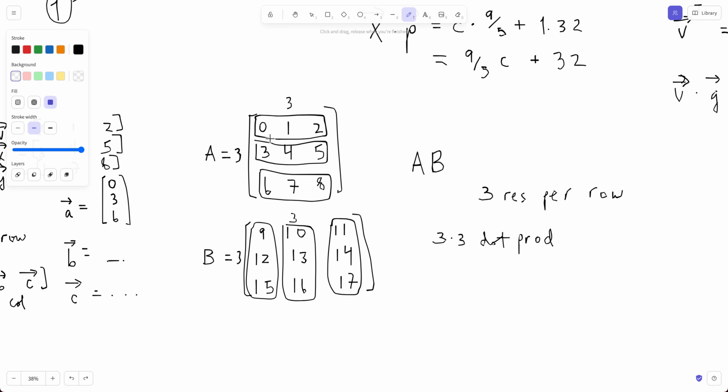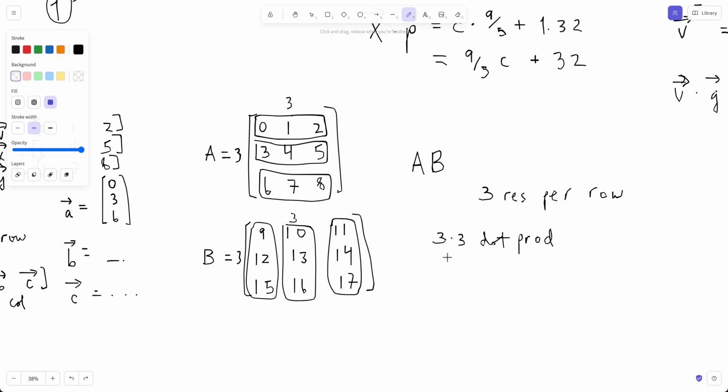And for every single dot product, how many multiplications are there? There would be the length of this vector, that would be how many multiplications we have to do. In this case, the number of elements in the vector is 3.